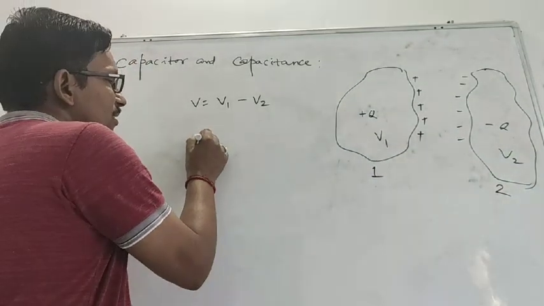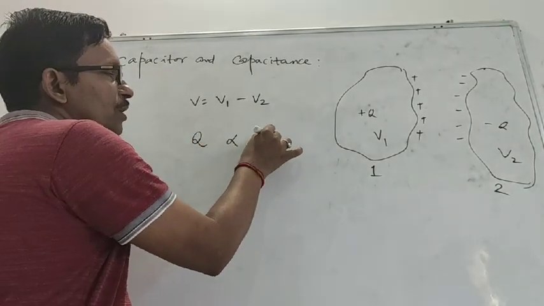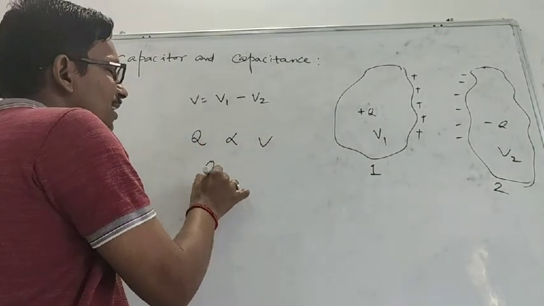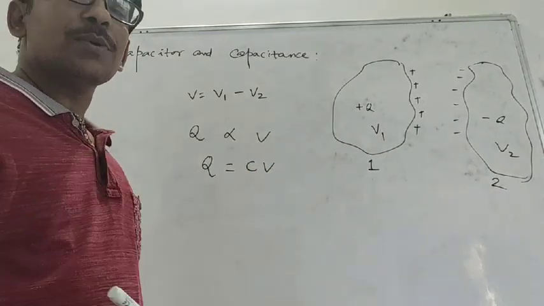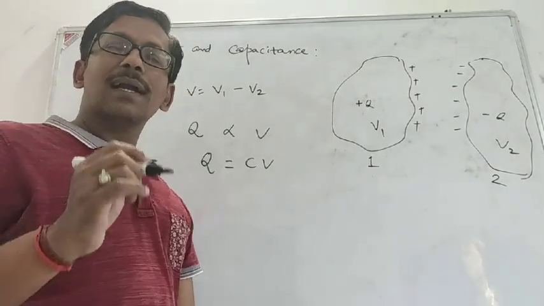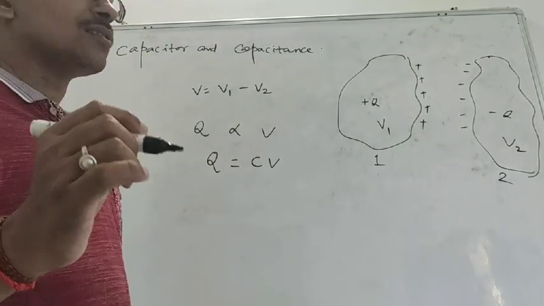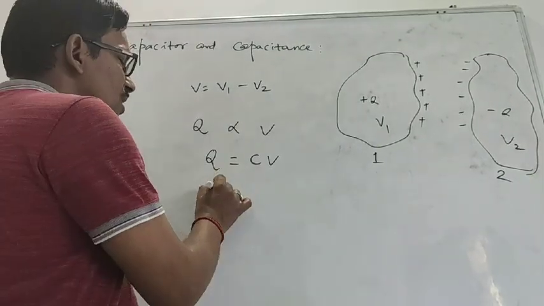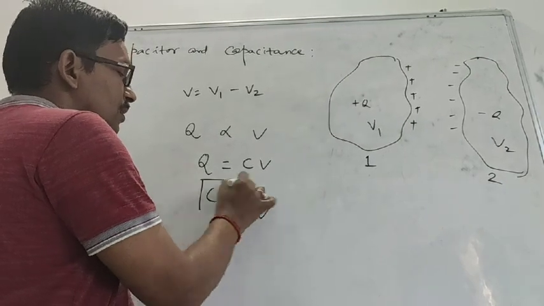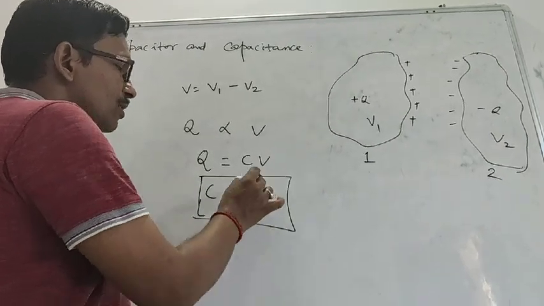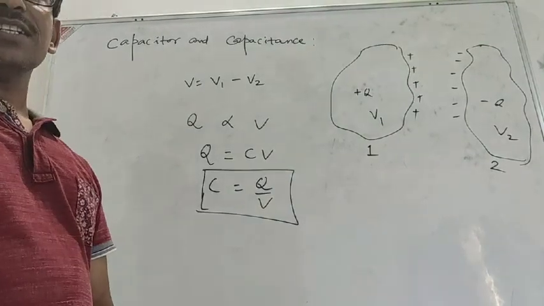Now at any instant, Q is proportional to V, or we can write Q is equal to CV, where C is the proportionality constant called the capacitance of the capacitor, or C is equal to Q by V. So capacitance equals charge by potential difference.